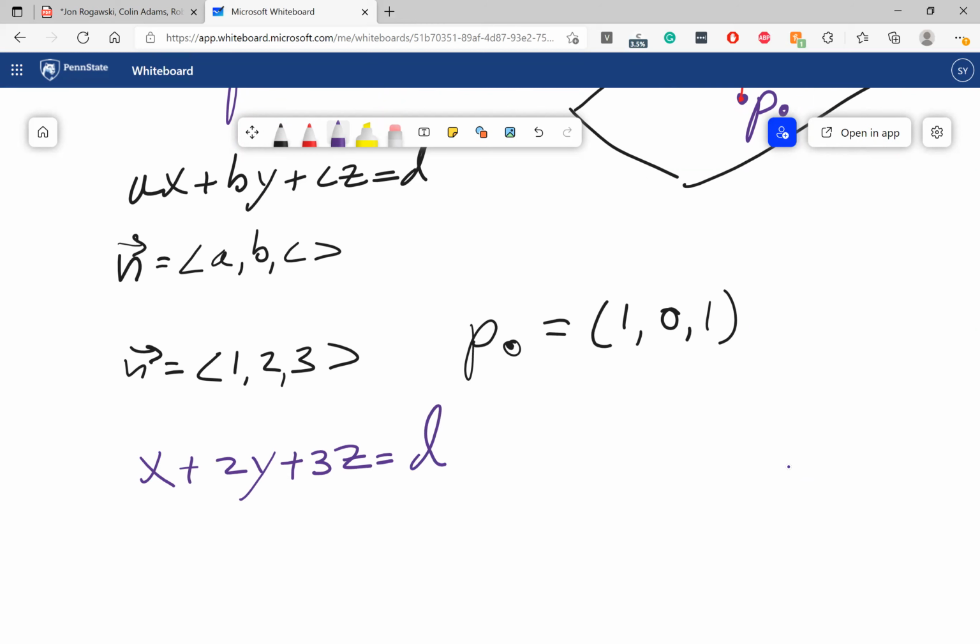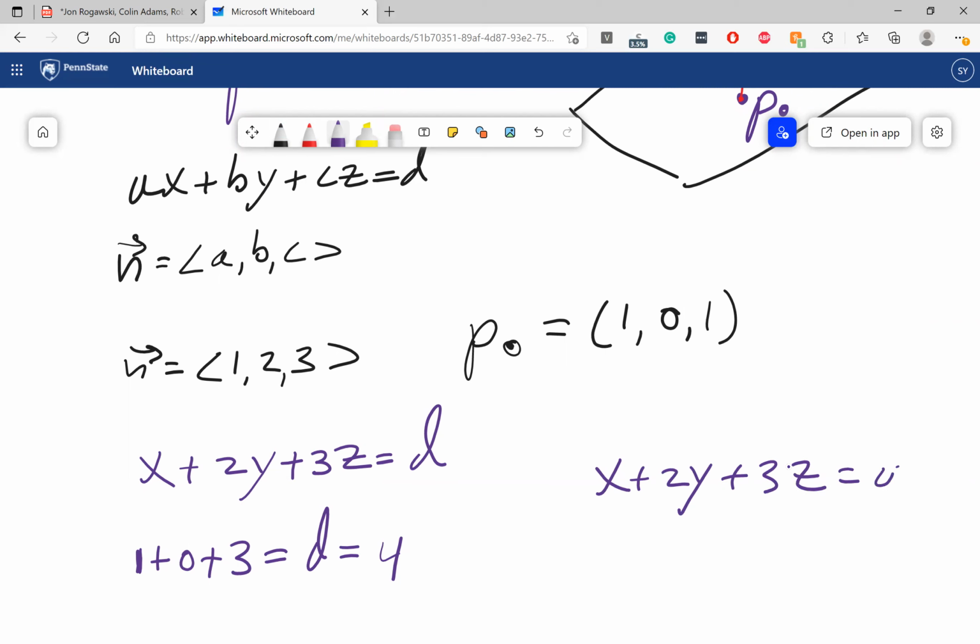So we have almost all the information that we need for this plane. Now, in order to find d, you plug in your point. So you go 1 plus 0 plus 3 is equal to d. In other words, d is equal to 4. So the equation of our plane is x plus 2y plus 3z is equal to 4. And that would be the equation of this plane. Any questions about this?